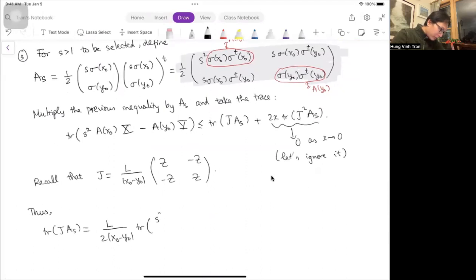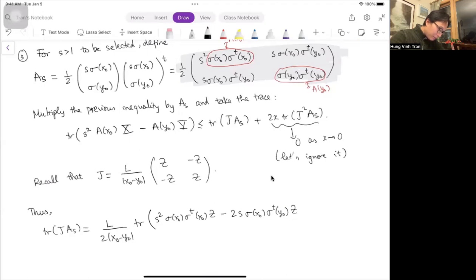The first slot would be S square sigma X naught, sigma transpose of X naught times Z. The second slot would be minus 2S sigma X naught, sigma transpose of Y naught Z. That's the second and the third.